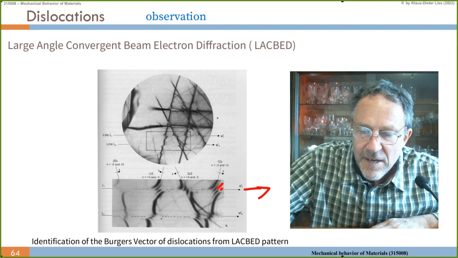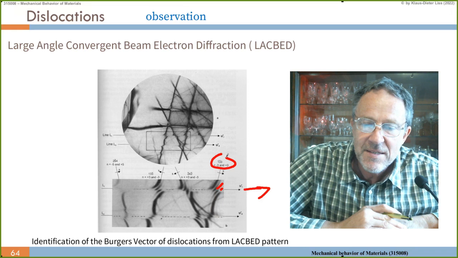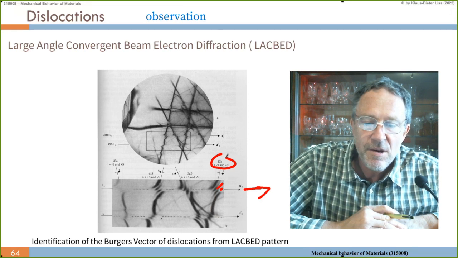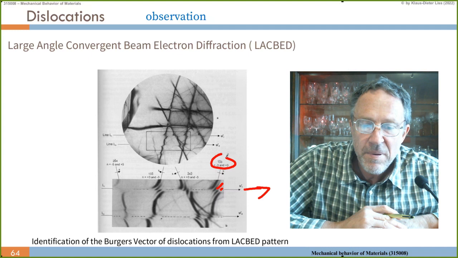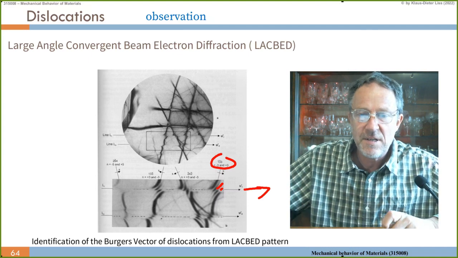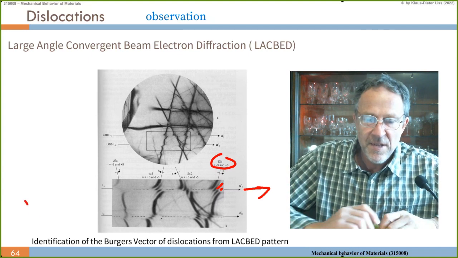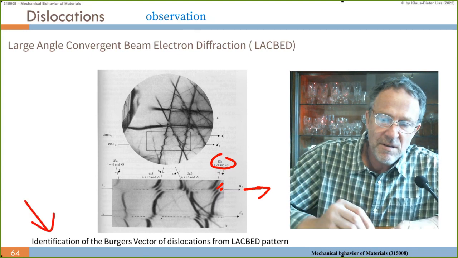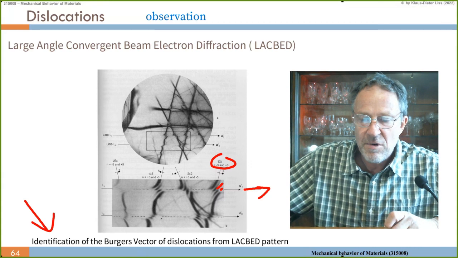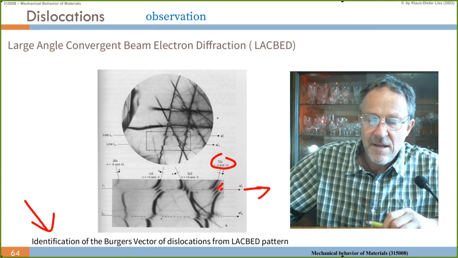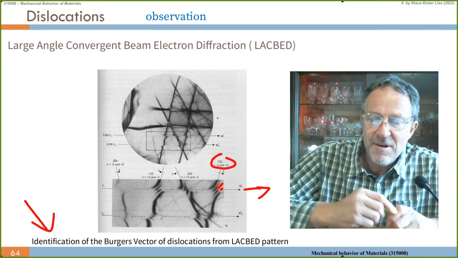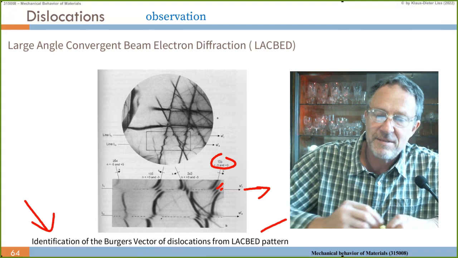So the diffraction vector can be -1, 1, 3, and from this you can then work out the orientation B and the magnitude B. So this is a quantitative identification of Burgers vectors from large angle convergent beam electron diffraction patterns.